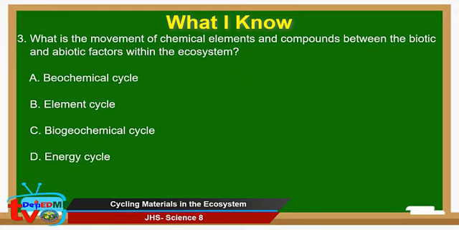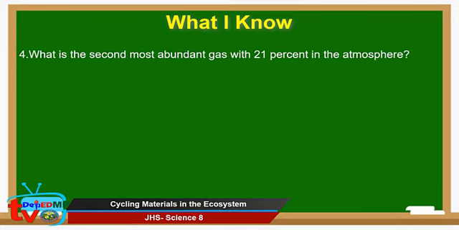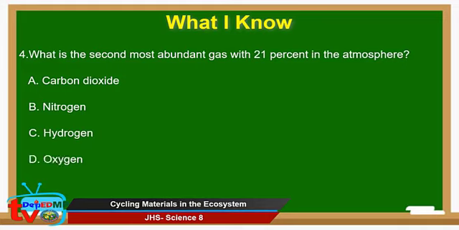And letter D. Energy cycle. Number 4. What is the second most abundant gas with 21% in the atmosphere? A. Carbon dioxide. B. Nitrogen. C. Hydrogen. And letter D. Oxygen.